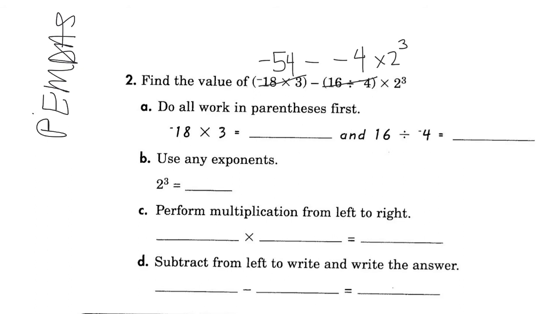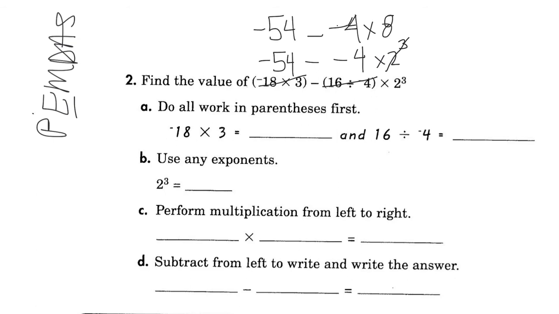So now, when I go through and look at this, I have negative 54 minus negative 4 times 2 to the third. Well, exponent is my next thing. And 2 to the third is 2 times 2 times 2, which is 8. And then we have times negative 4. I'm saying it backwards. I apologize.